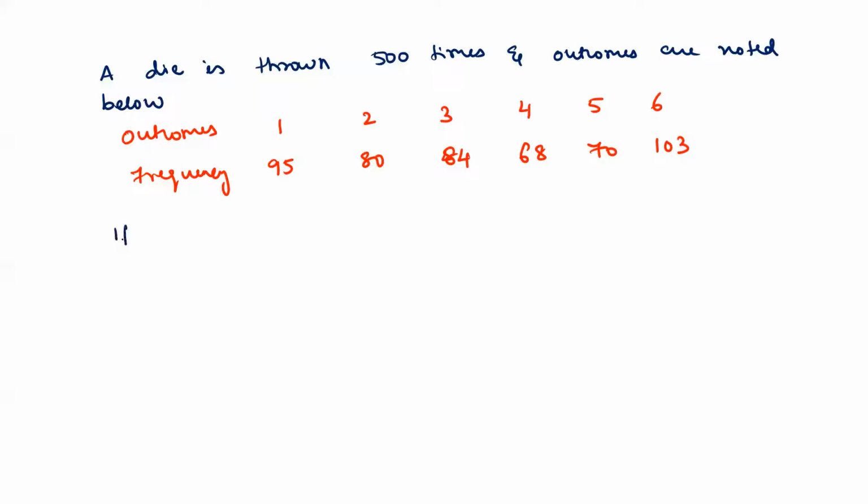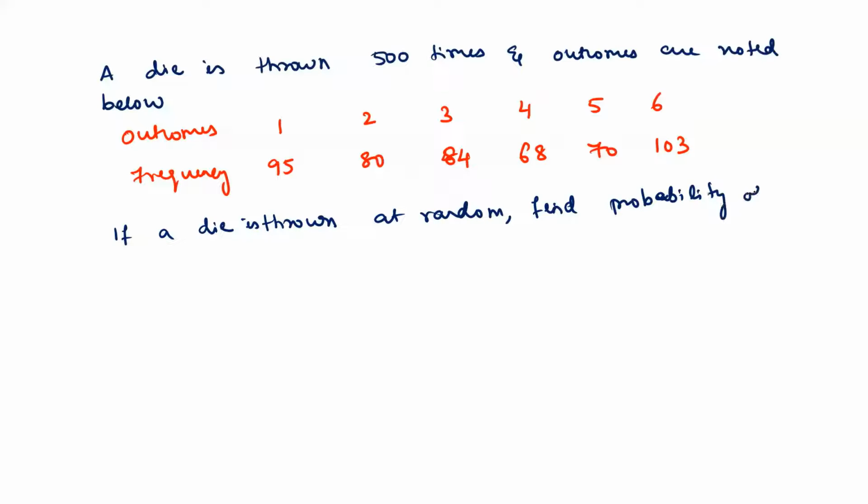So now the question is, if a die is thrown at random, you have to find the probability of getting each outcome. How many events does this experiment have? 500 is the number of trials.